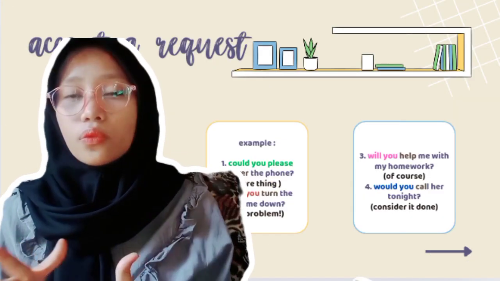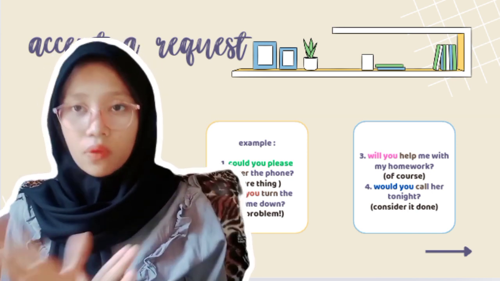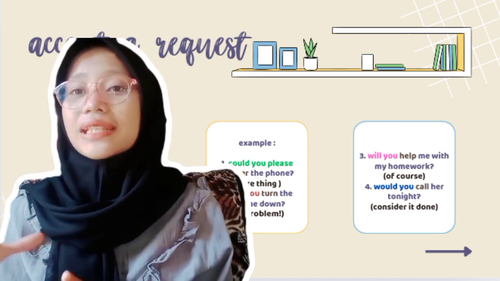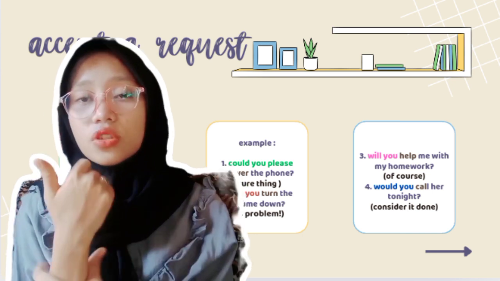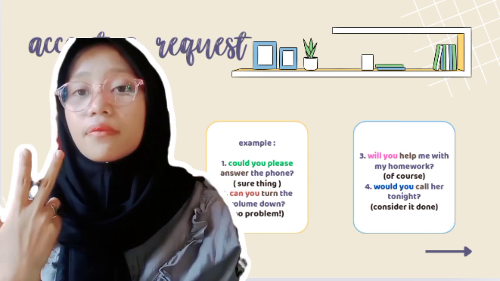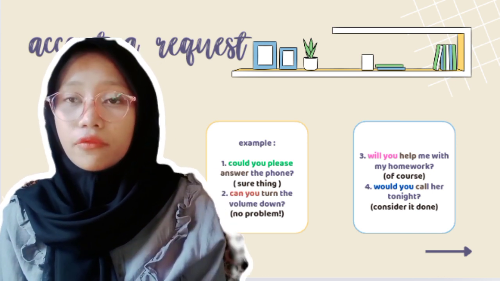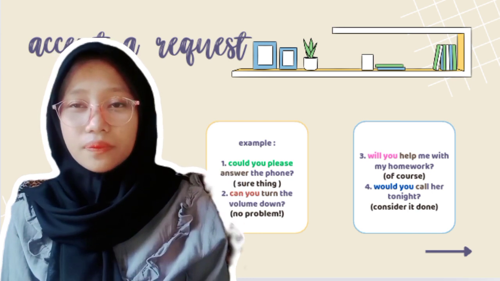Now, we will discuss how to accept and how to reject a request. When we want to accept a request from someone, you can say sure, sure thing, no problem, of course, consider it done. For example, could you please answer the phone?